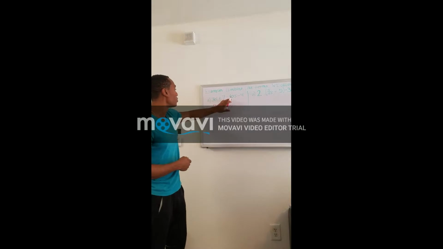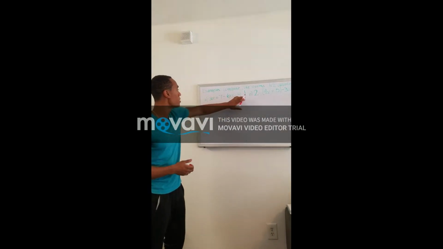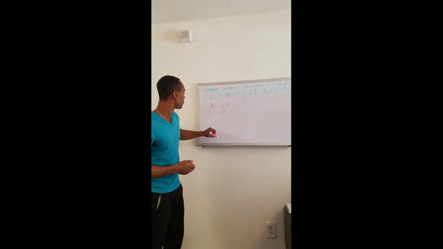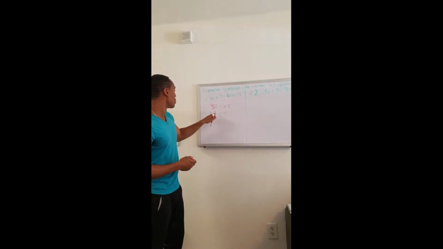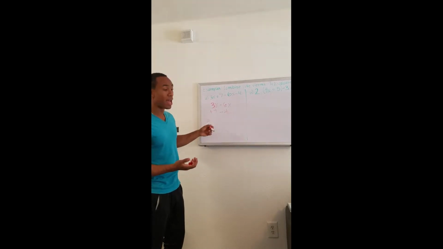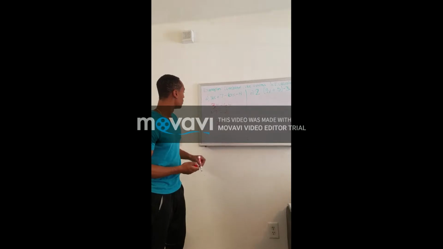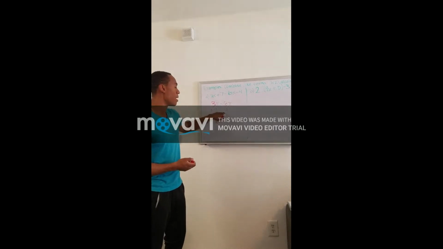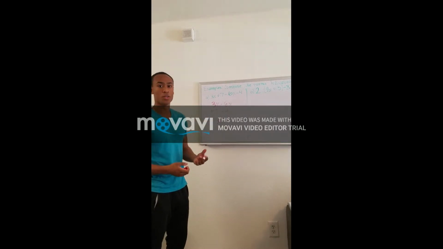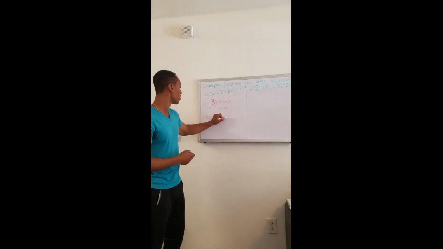We got 2 numbers with no variables next to them. We have 7 minus 4. So I'm going to tack on plus 7 minus 4. So 3x minus 6x is negative 3x. We got 7 minus 4, which is 3. The number's still positive, so we're going to put plus 3.